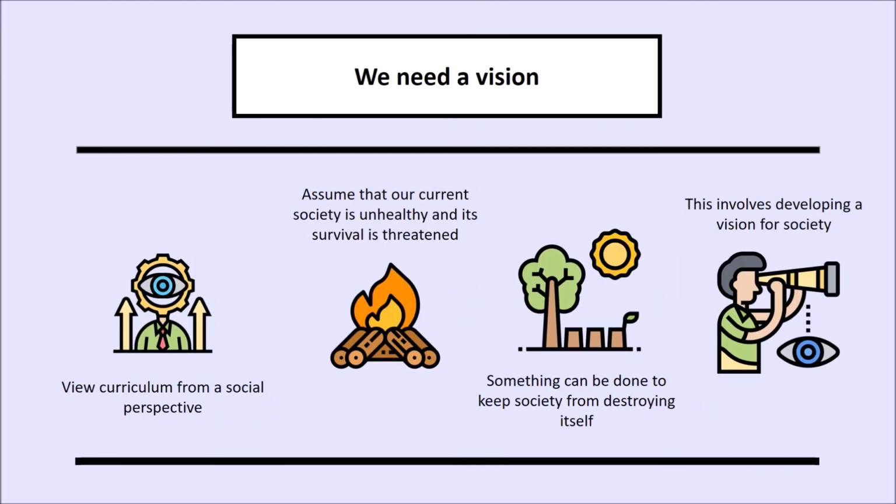What you're doing within this one is viewing curriculum from a social perspective, and you assume that our current society is unhealthy, that survival is threatened, that something needs to be done. And we need to do that thing so that society doesn't destroy itself. So this involves developing a vision for our society. For example, we want less inequality within society.